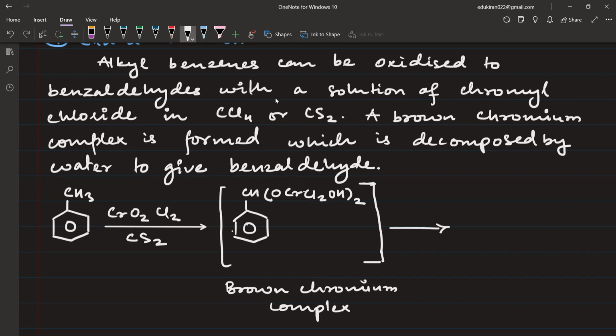In the presence of H3O+, it is going to give you benzaldehyde. So that means toluene plus chromyl chloride, and in the second step, water. Okay, hydrolysis.